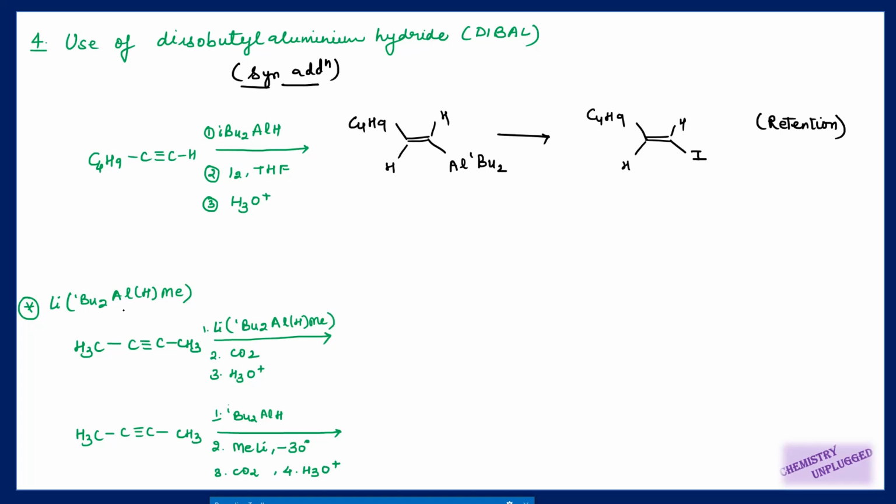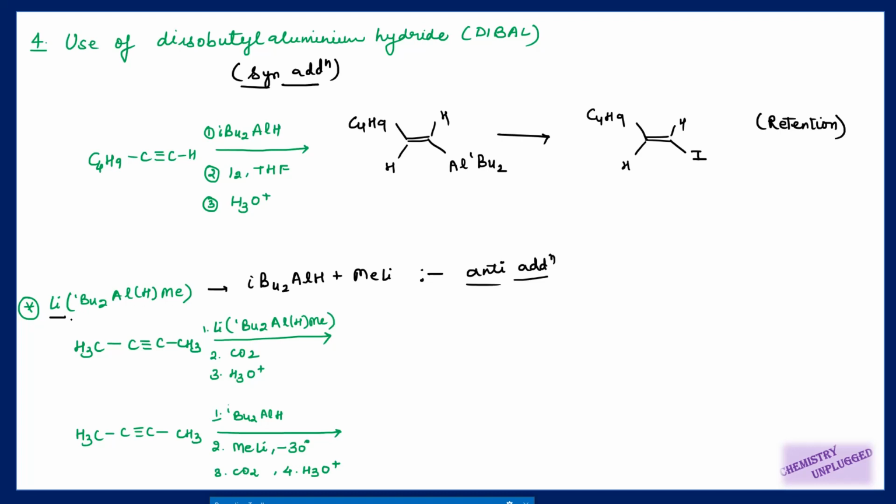Suppose I have this lithium hydrido diisobutyl methyl aluminate. It is formed by treating diisobutyl aluminum hydride with methyl lithium. When we treat these two, we get this one. When we use this reagent in the reduction process, there is anti-addition.